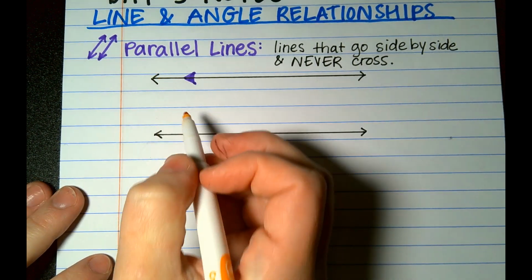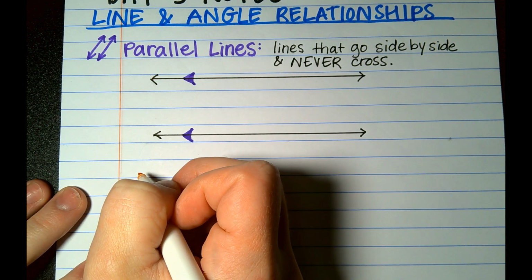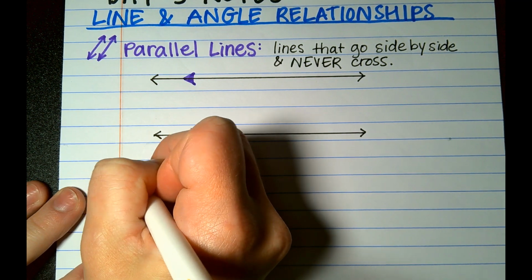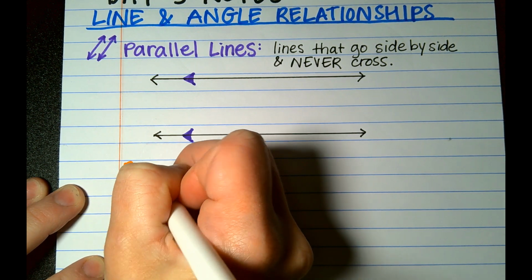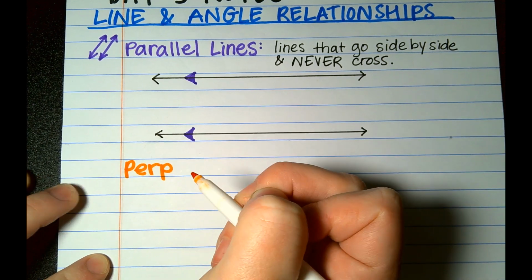We've got that. The next line and angle relationship we're going to start talking about is perpendicular lines.